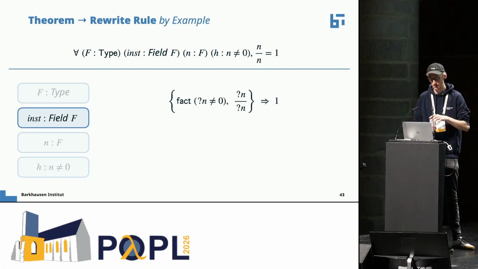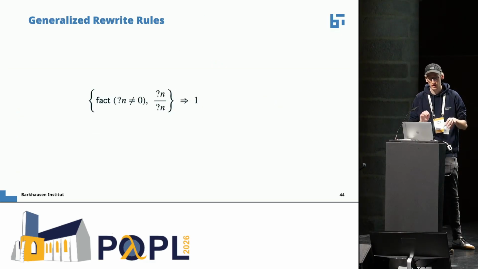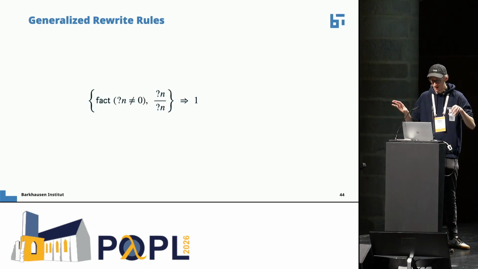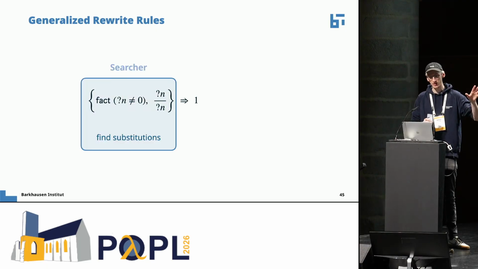And that view on rewrite rules is the following, namely, where right now a rewrite rule consists of two patterns, we can think of it more computationally as consisting of a left-hand side, which we'll call the searcher, which is some procedure used to derive a set of substitutions for the given pattern variables.